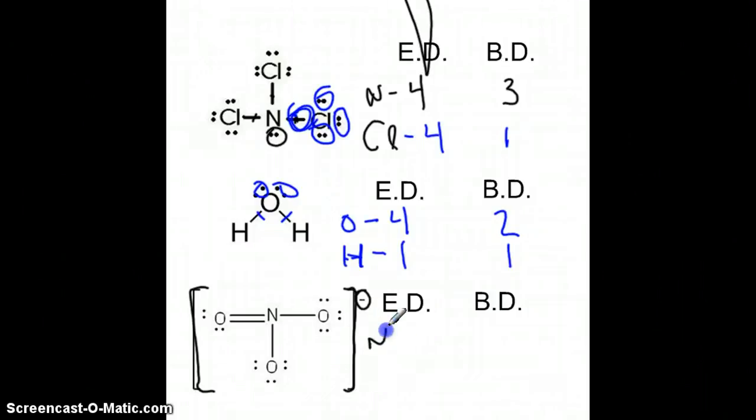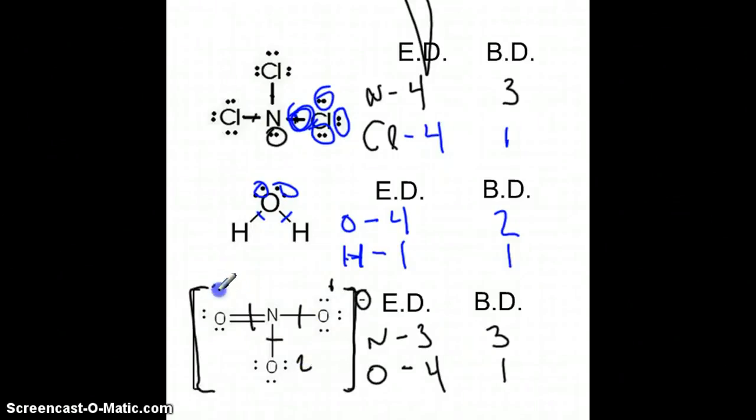Nitrogen has 1, 2, 3 electron domains. The double bond counts as 1 electron domain. And for bonding domains, the nitrogen again has 3. All of the electron domains are bonding.